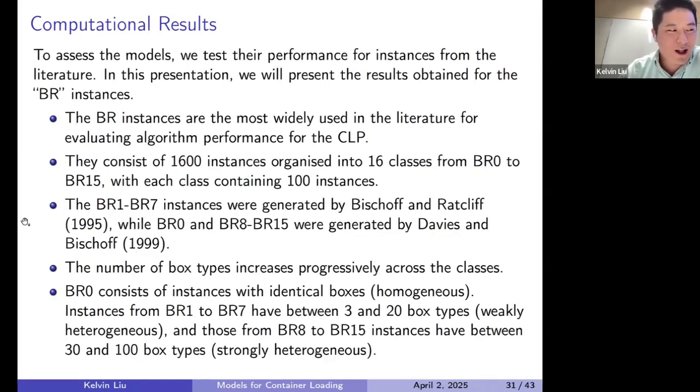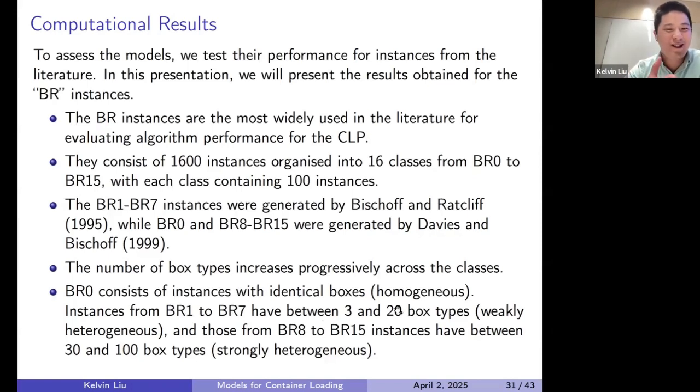So what other properties about them should we talk about? The number of different box types increases progressively across the classes. So BR0 consists of homogeneous instances with only one box type, identical boxes. BR1 has 3 different box types, and then up to BR7 is 20.